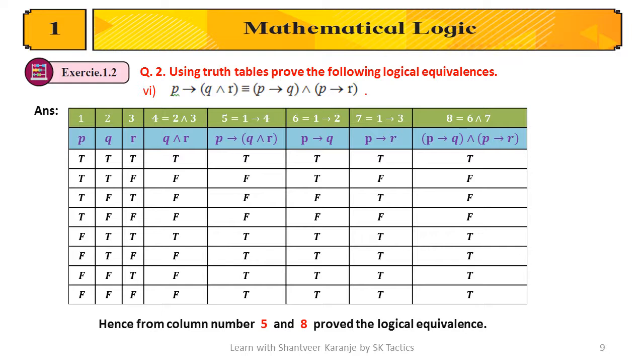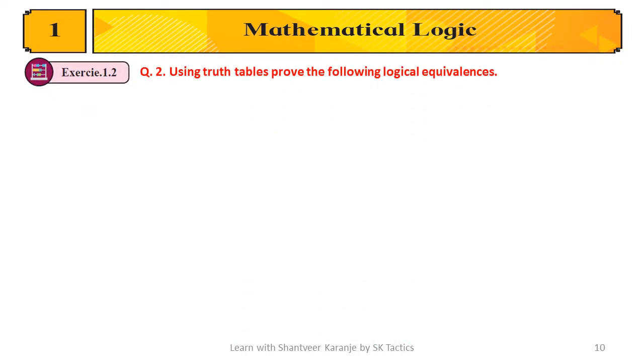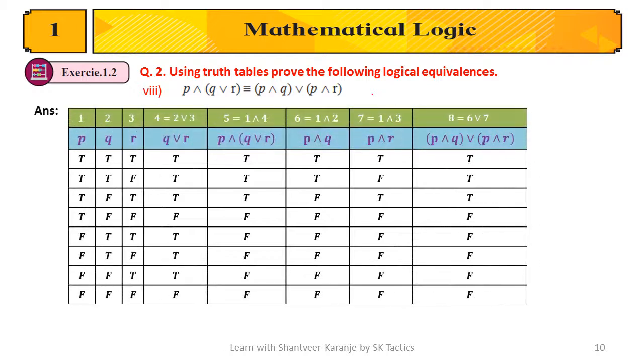So we move ahead to question number 2's eighth part. P and Q or R is equivalent to P and Q or P and R. So again the answer is in front of you. So again this table shows from column number 5 and column number 8 all truth values are identical.